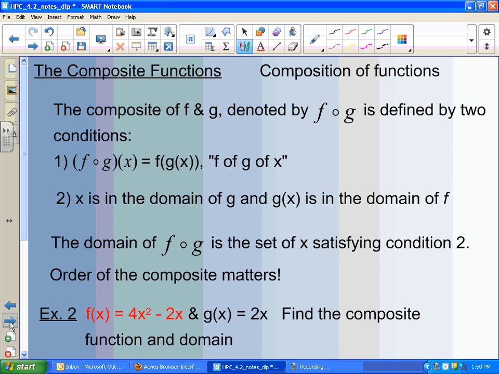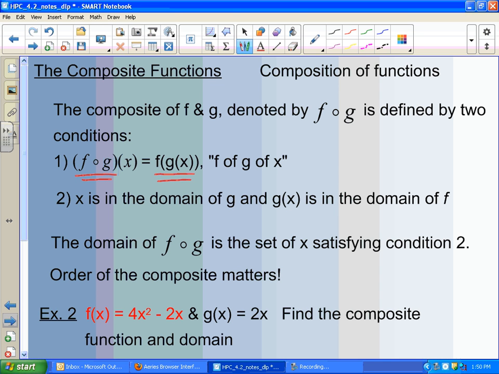Notice in the composite function notation we have this. It looks like fog, but that's really just like a multiplication symbol that's not filled in. So that's not an O there. And it means f of g of x. And another way you might see it written, you might think, hey, that looks like multiplication. And it's not.